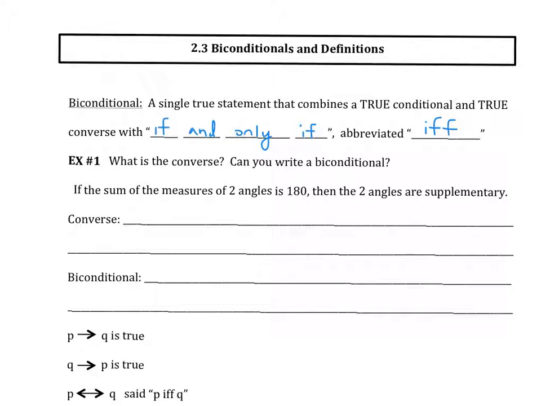On this first one here, it says, if the sum of the measures of 2 angles is 180, then the 2 angles are supplementary. Is that true? That's true. Okay, so we know the conditional is true. Let's check the converse. What would the converse say? If the 2 angles are supplementary, then the sum of the measures of 2 angles is 180.